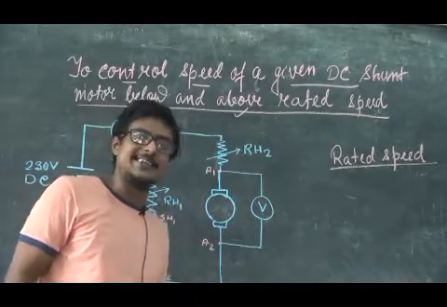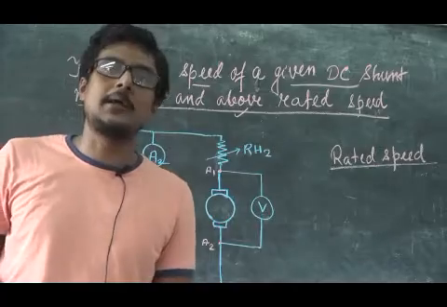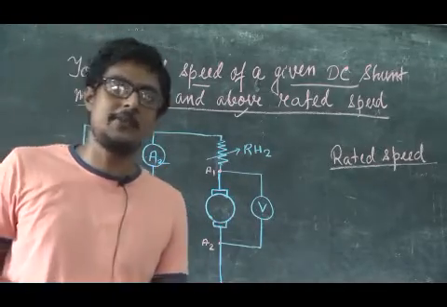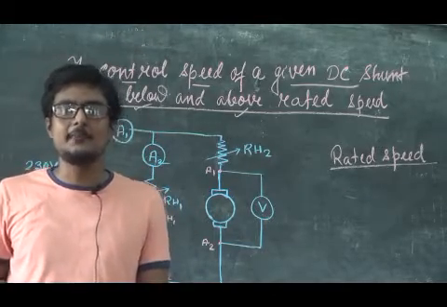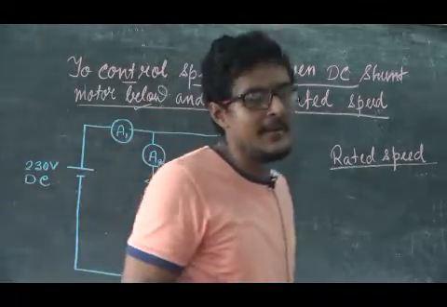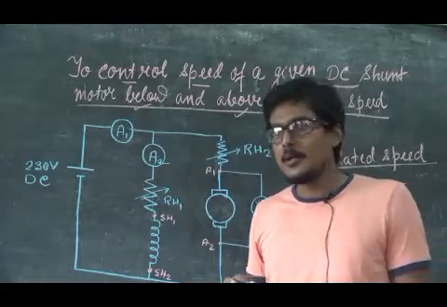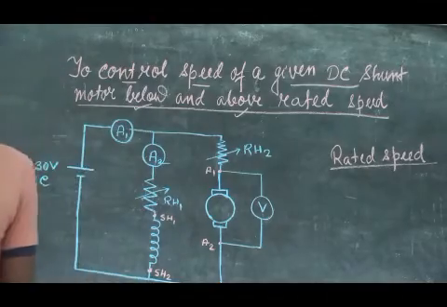Rated speed is the speed at which a motor rotates when the supply voltage given is whatever is mentioned in the nameplate. For example, if it is given 230 volt and you are supplying exactly 230 volt and the motor is drawing the rated current, then the speed exhibited by the motor will be known as the rated speed. The rated speed is also known as base speed or normal speed.